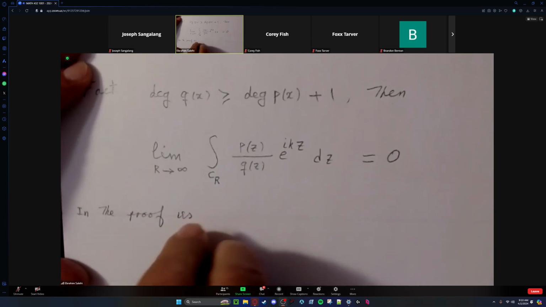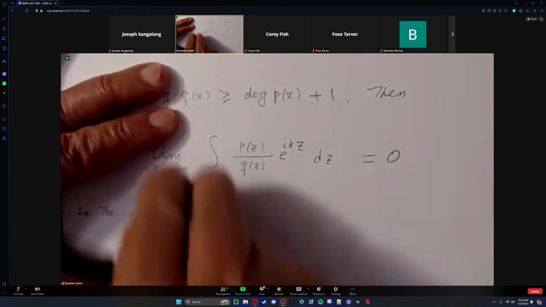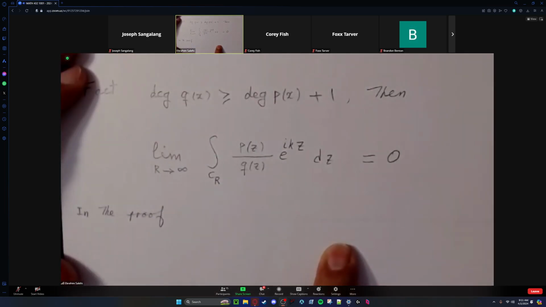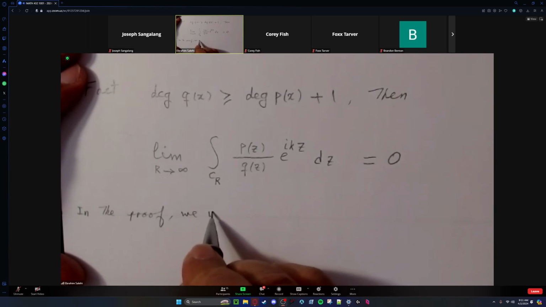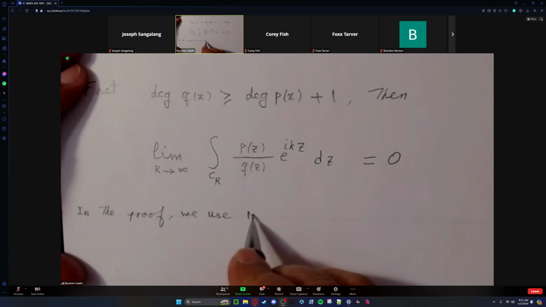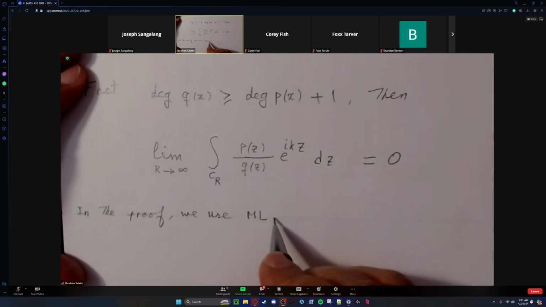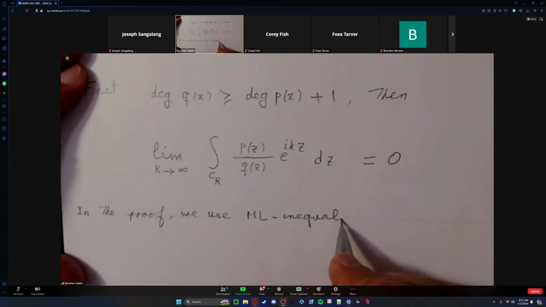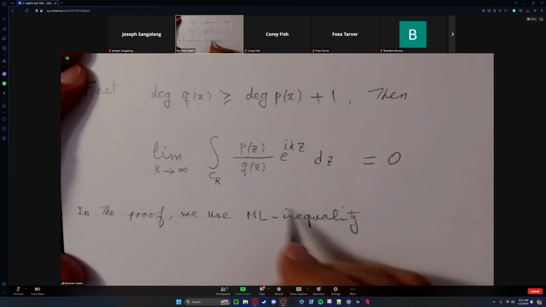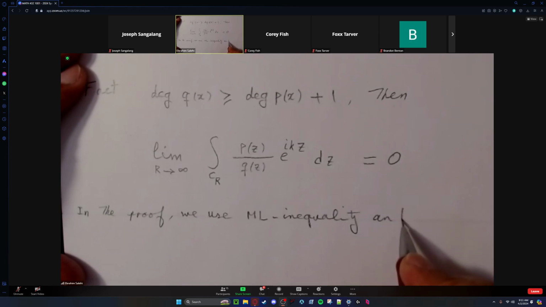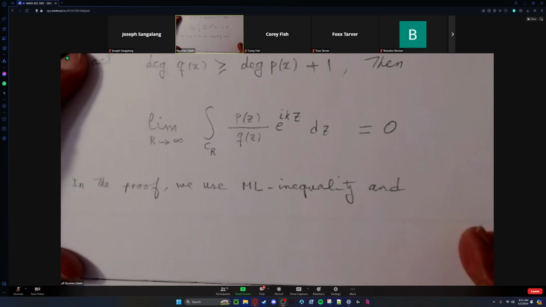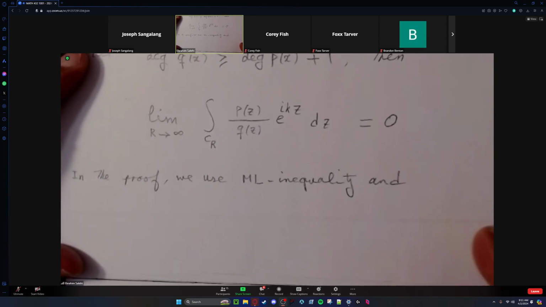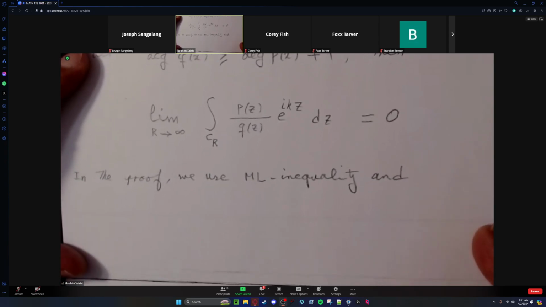In the proof, we use not only the ML inequality, but there is another inequality called Jordan's inequality.